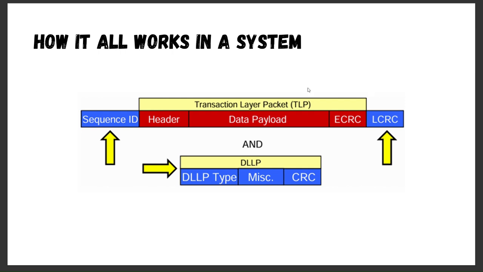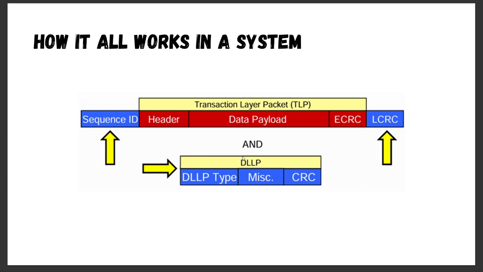So how does it work? A DLLP is small, and it performs important management tasks for the link between two neighboring devices. The basic structure of a DLLP is a 4 byte DLLP type field. As you can see, the DLLP type field is here.